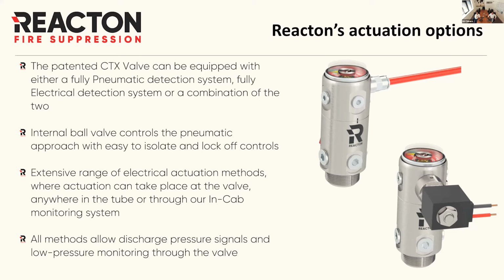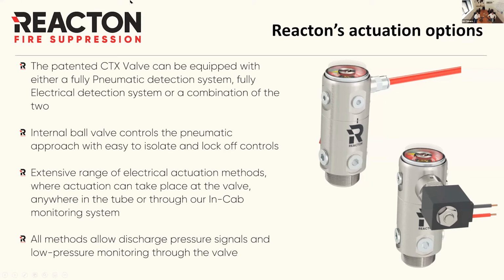Again, it offers a purely pneumatic detection system, and our valve is obviously patented, but it allows us to have either a purely pneumatic detection system or a fully electric detection system, or a combination of the two. So it's extremely flexible, and all the ports you see on the top there are available for pressure switches, or to have one of these solenoids added to it.